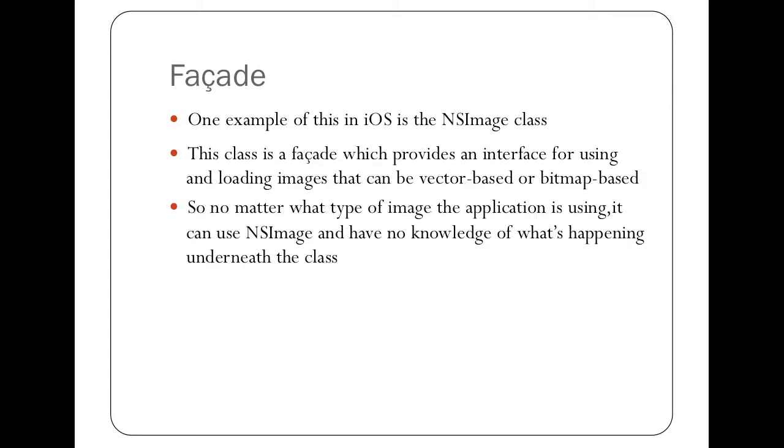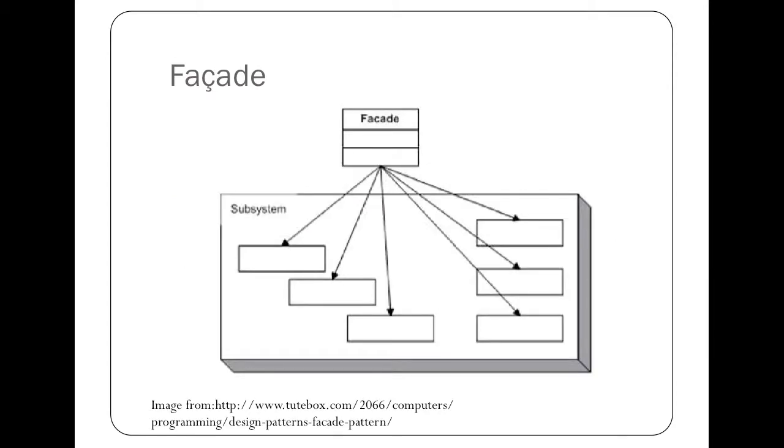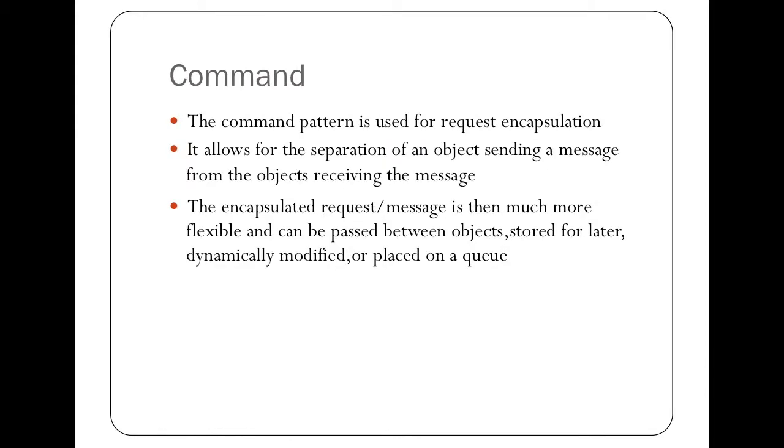Like the NSImage class. When you use an NSImage, there is a lot happening behind the scenes, like the bitcode of the image is decoded and converted and then displayed to you. But you are only instantiating this class, while behind it there is a lot of stuff happening. This is the facade design pattern. Basically, you access the whole system through entry points to the subsystems.